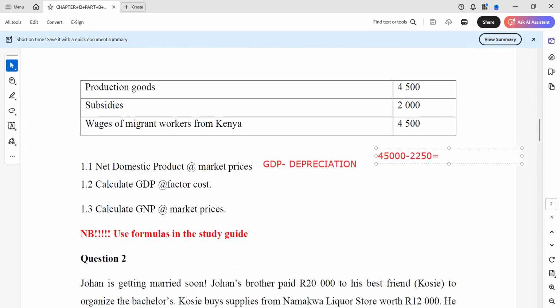And then you punch in your calculator. What do you get? Yes, 42,750, right? So this is the net domestic product.